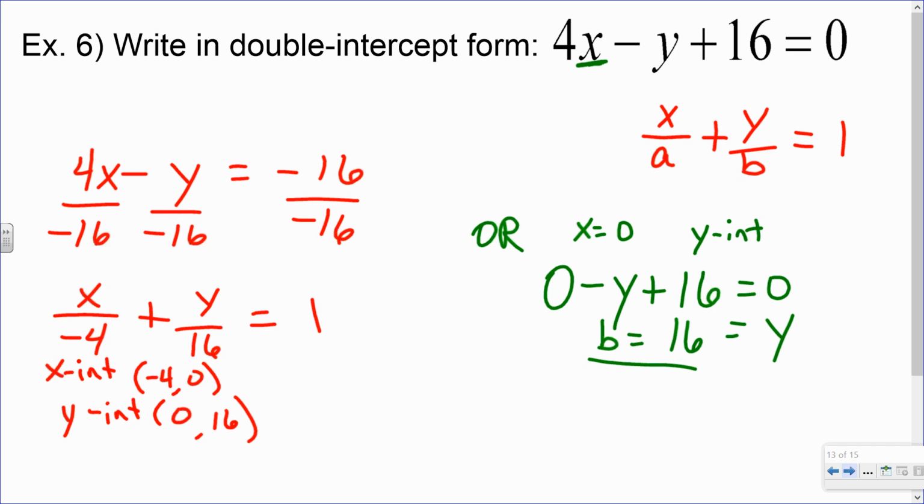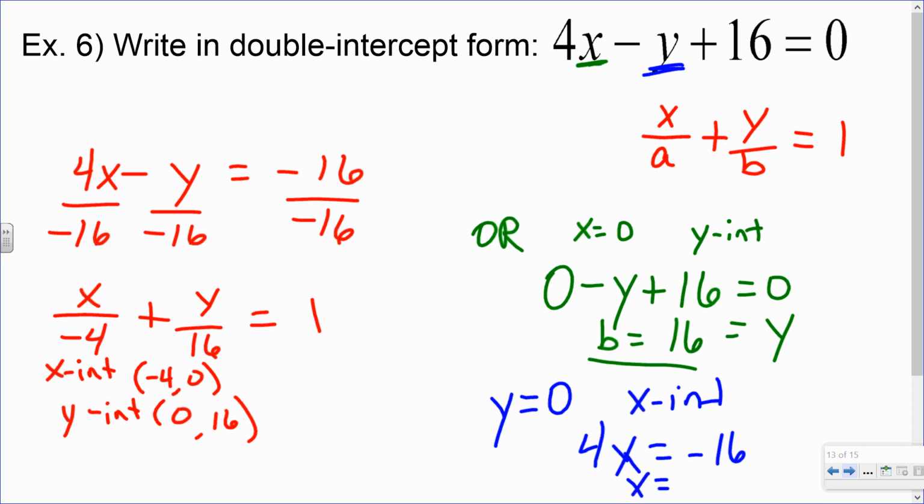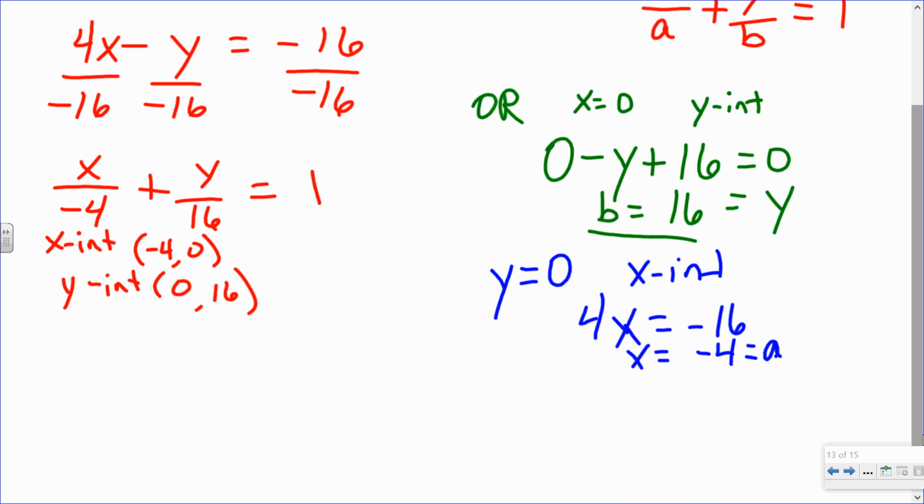Then I can reverse it, and I can say if y is 0, then I'm talking about my x-intercept. So if I put a 0 in here, I have 4x equals negative 16. So x equals negative 4, so that is my x-intercept. And then I can plug those in: x over my x-intercept plus y over my y-intercept equals 1. Any questions with that? Okay, then that ends our notes for today.